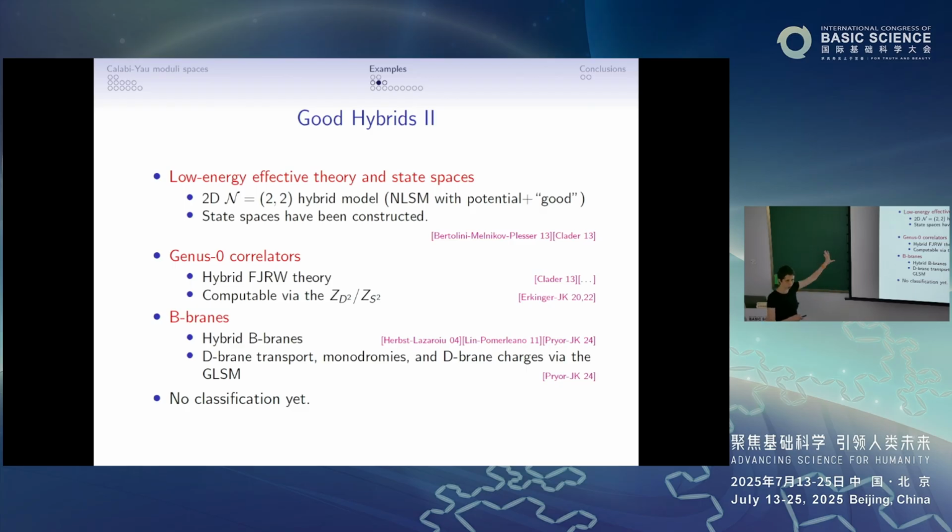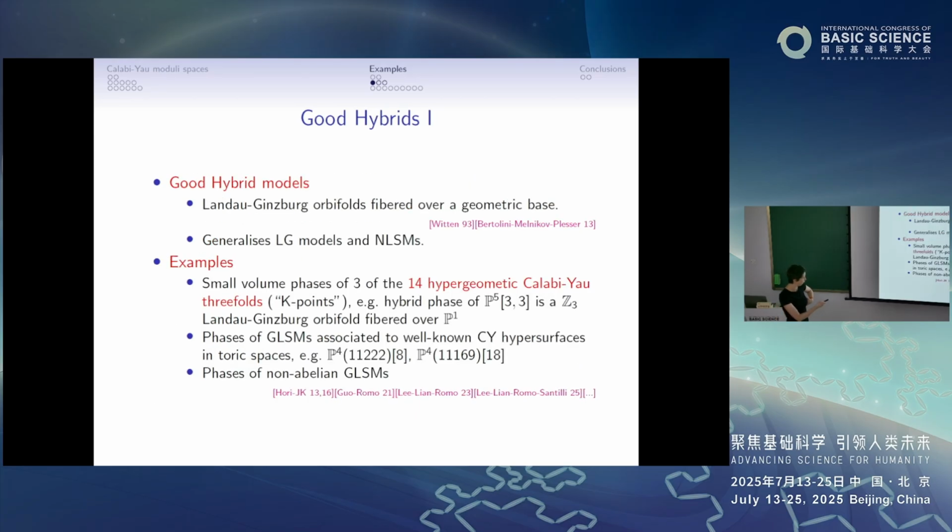So if you start off with the GLSM and the potential, you will see that the vacuum manifold is a geometric base. So for instance, the vacuum manifold is a P1. And the GLSM potential will depend on all the coordinates. And basically, the P fields get a VEV, and the other fields that are 0 in the vacuum that you turn on as classical fluctuations then generate this potential.